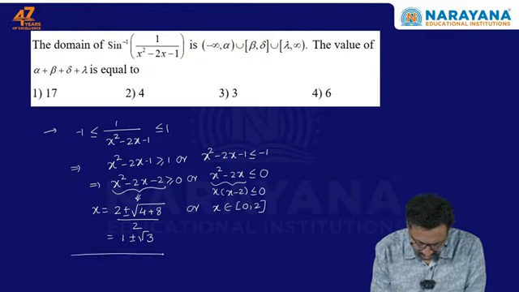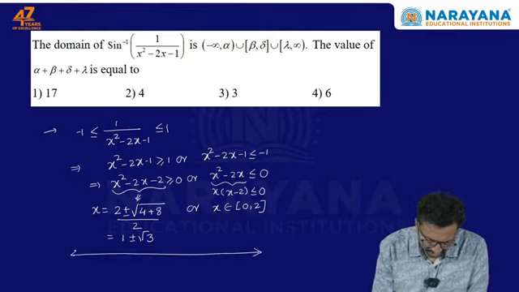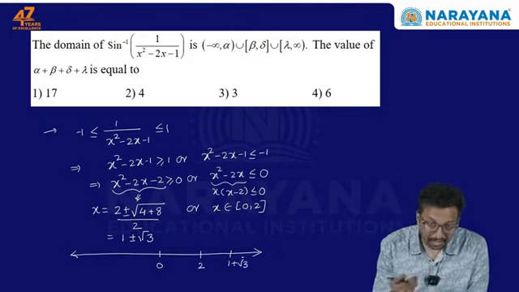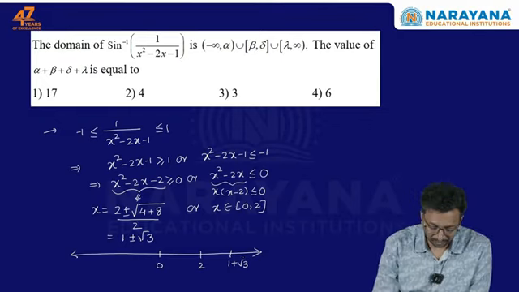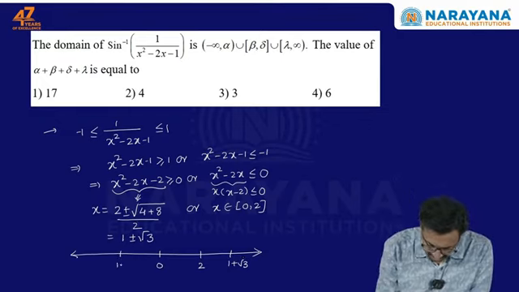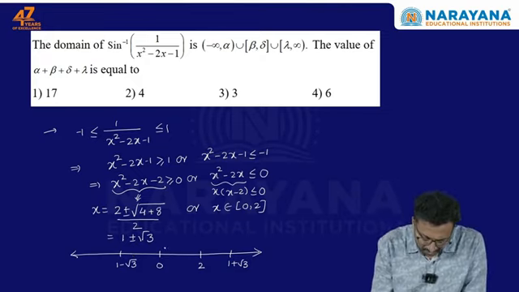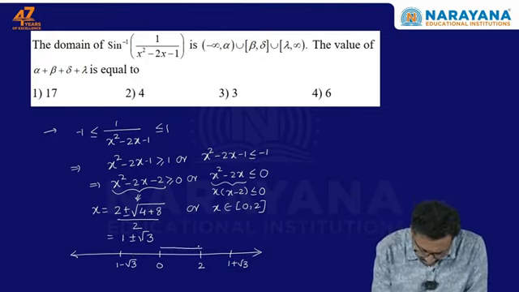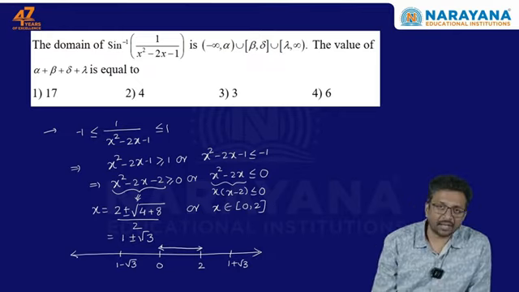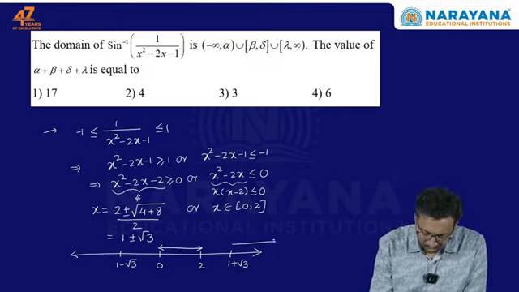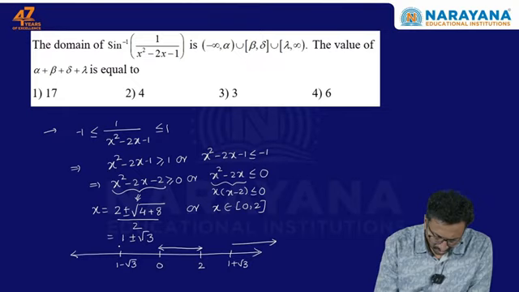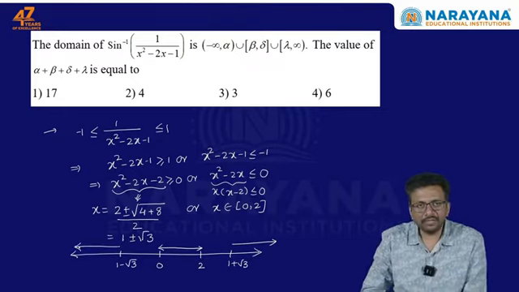So let us plot this complete solution on the real number line. 0 is here, 2 is here, 1 plus root 3 is greater than 2, so it's on the right side of 2. 1 minus root 3 is clearly negative, so it lies to the left of 0. So one part of the domain is 0 to 2, and the other part is either outside 1 plus root 3 or on the left side of 1 minus root 3.